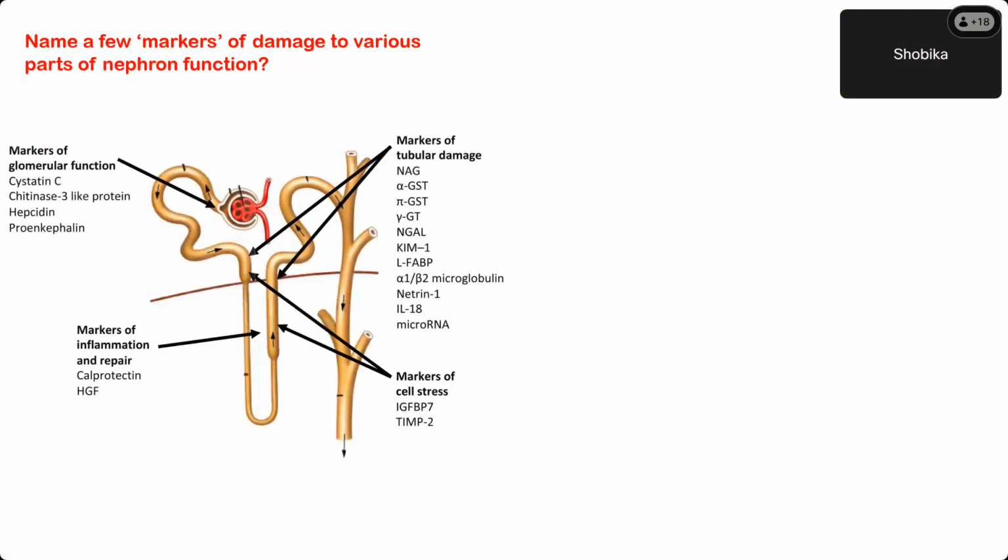So these are the areas. See, the markers of glomerular function are cystatin, kidney-like protein 3, hepcidin, and proenkephalin. These four are markers to find out whether the glomerulus is affected. Then the markers of inflammation and repair are calprotectin and HGF.